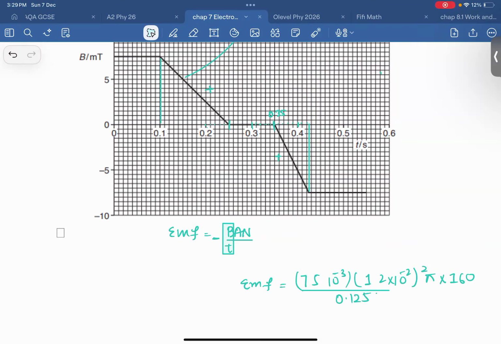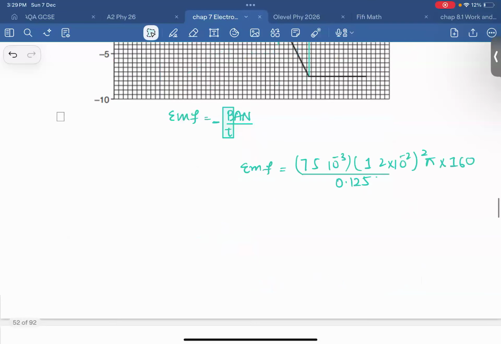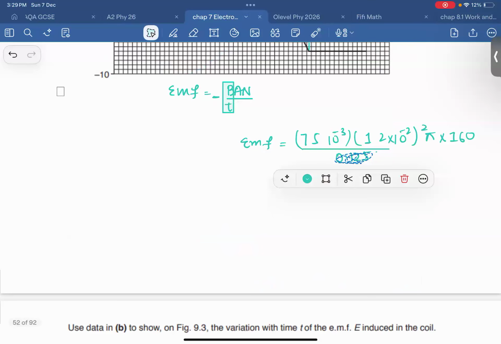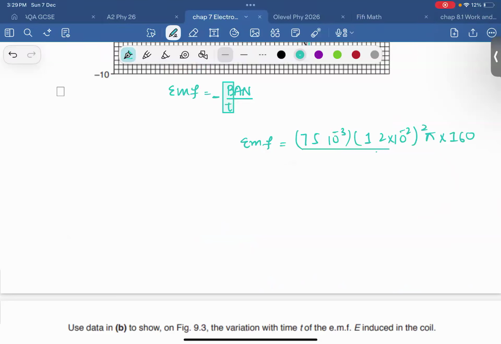It is basically 0.425 minus 0.35. Sorry, it's not the correct one. You rather have to write 0.425 minus 0.35. So that gives you 7.238 millivolts, the induced EMF.